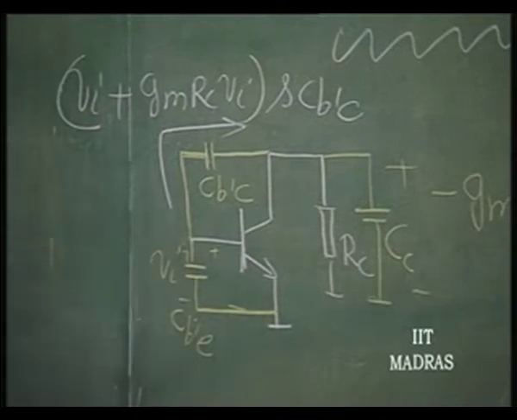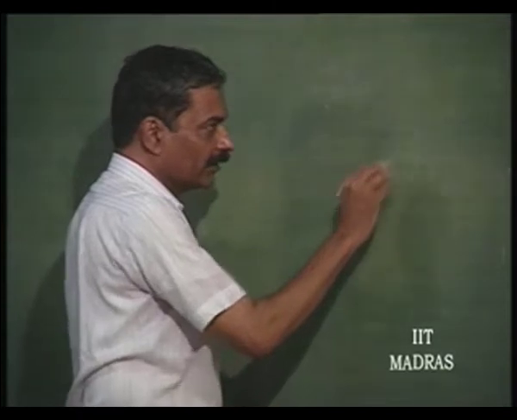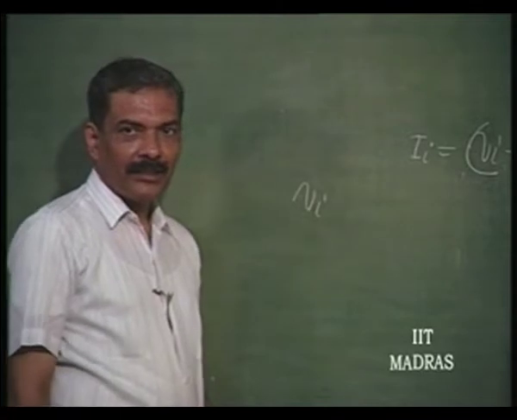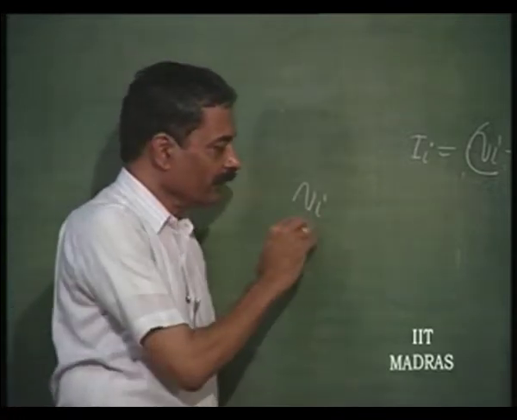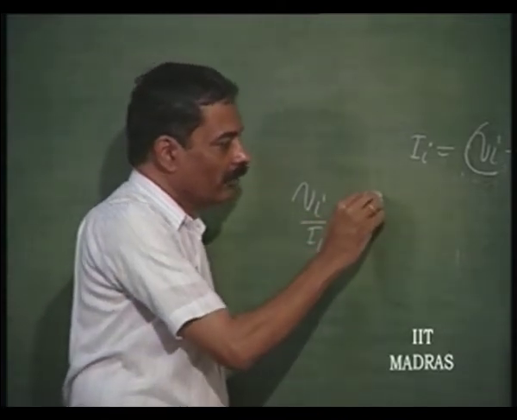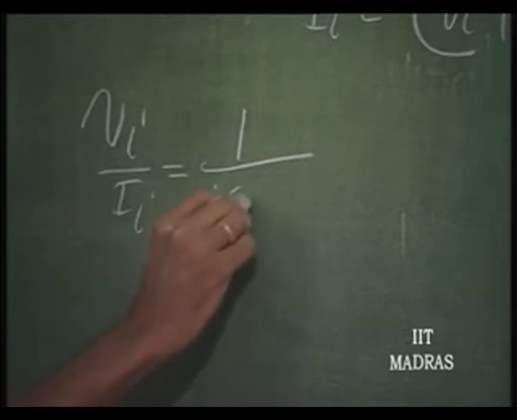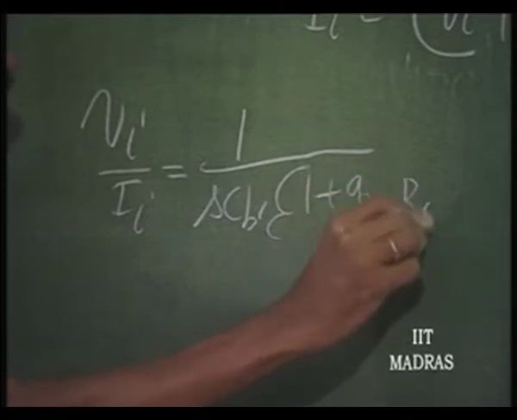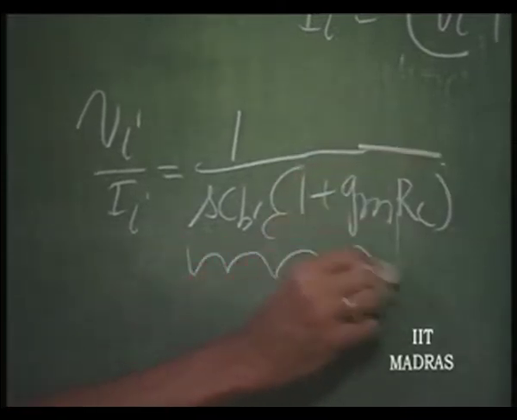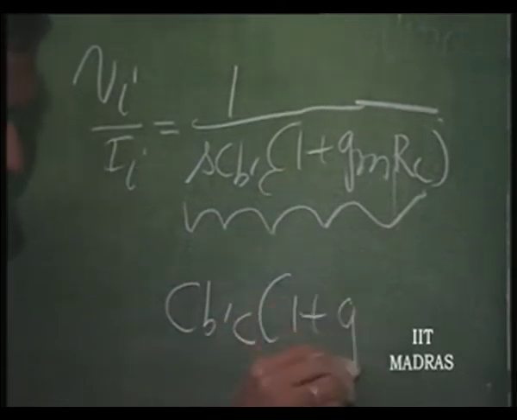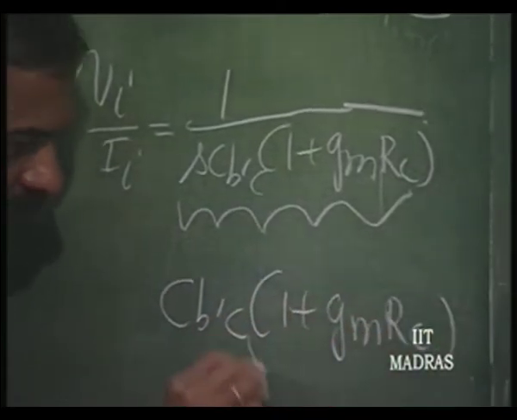So, as far as V I is concerned, this is going to be the current drawn. V I by I I is going to be 1 over S C B dash C into 1 plus G M into R C. So, effectively you get a capacitance which is C B dash C into 1 plus G M into R C. This is an important phenomenon.